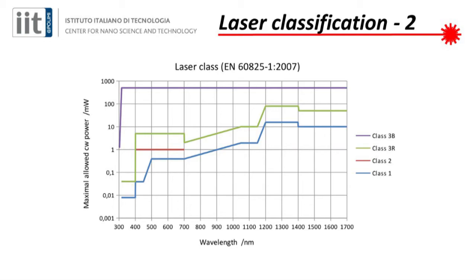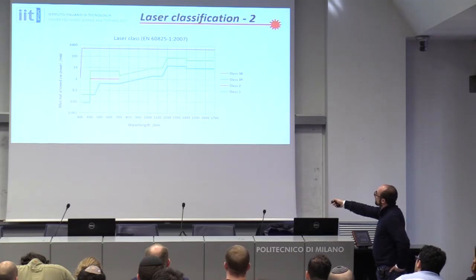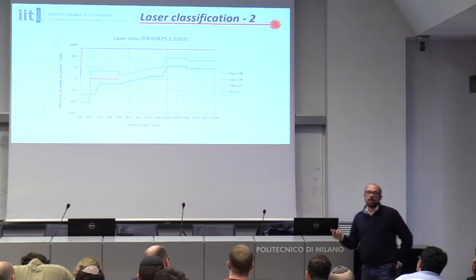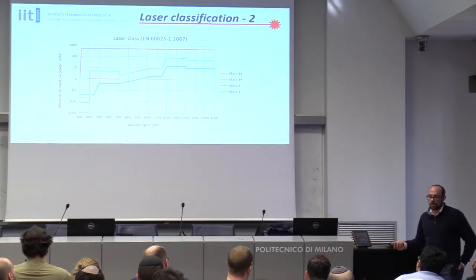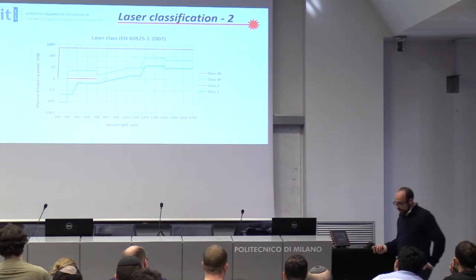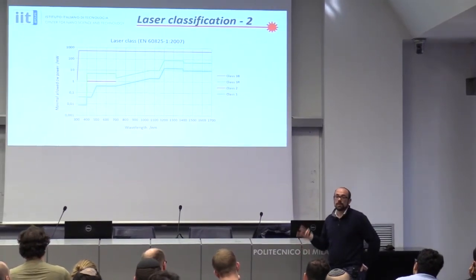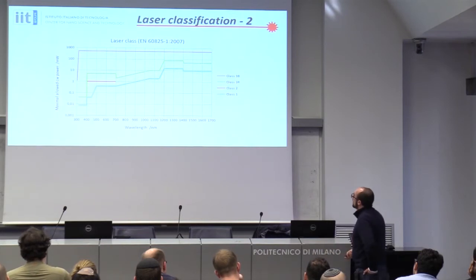Whenever you go above 500 or 600 milliwatts, that laser is going to be a potential fire hazard. It's going to be dangerous for intrabeam viewing and dangerous for diffuse reflection.